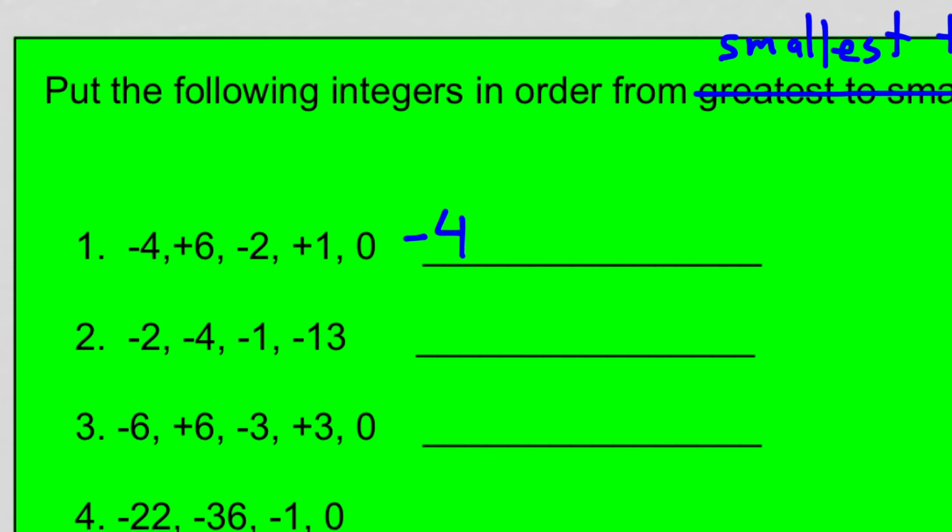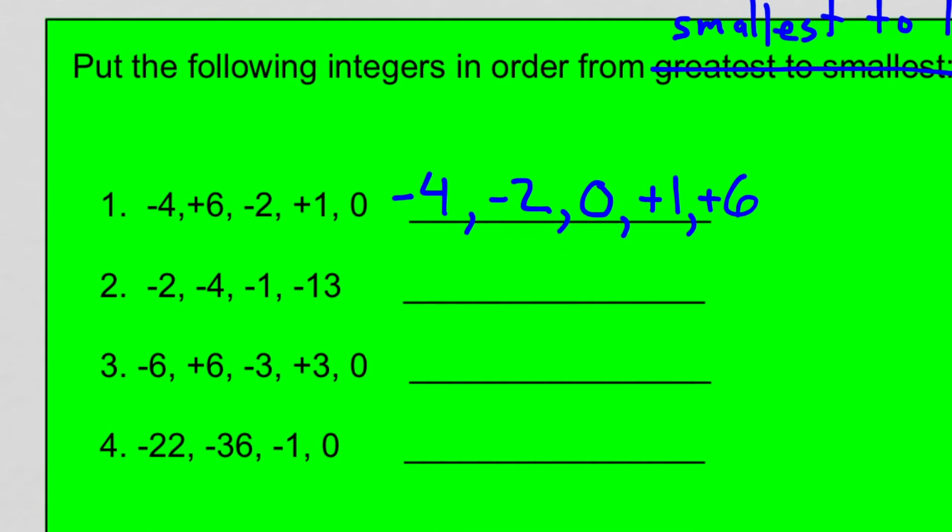That's the smallest. Then negative 2. Then 0. Then positive 1. Then positive 6. And in number 2, again, if I think what's the coldest temperatures, well, going from smallest to largest, I'd start with negative 13, negative 4, negative 2, negative 1.